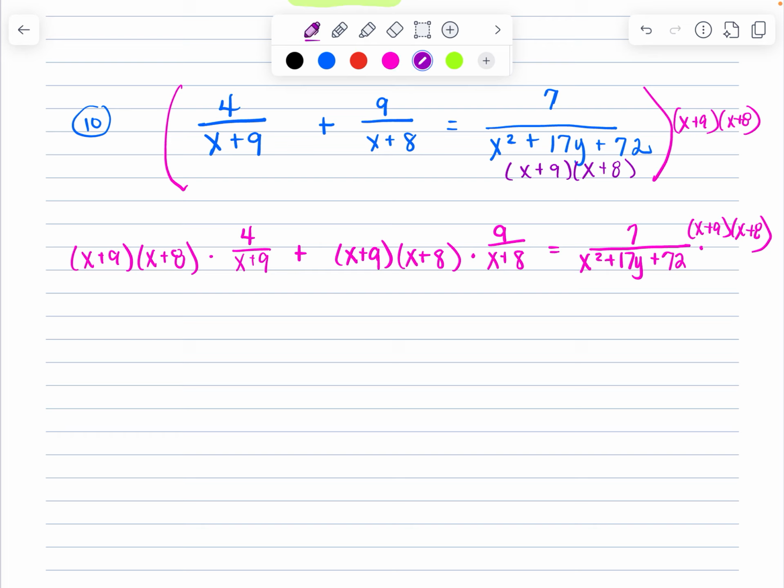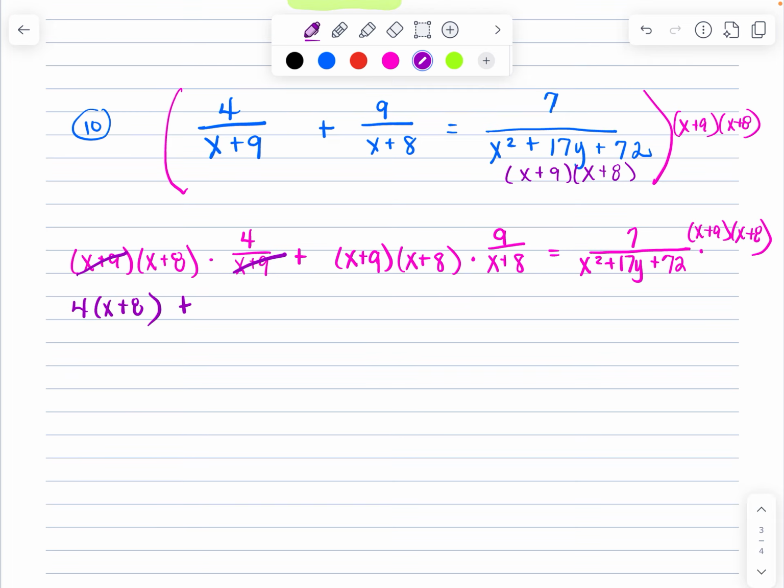For my first term, the x plus 9's go away, right? So what I end up with is 4 times x plus 8. Plus, on the second term, the x plus 8's go away. So that leaves me with 9 times x plus 9. On the last one, this whole denominator goes away with my common denominator, right?